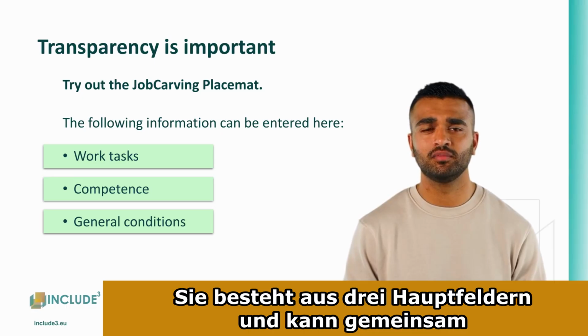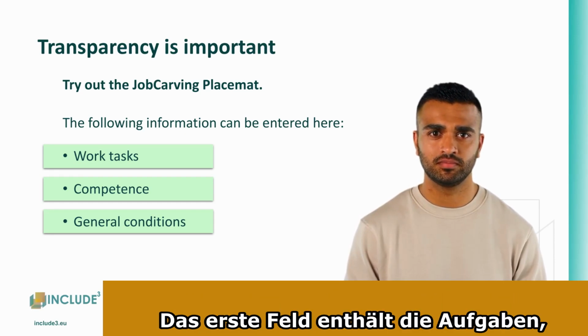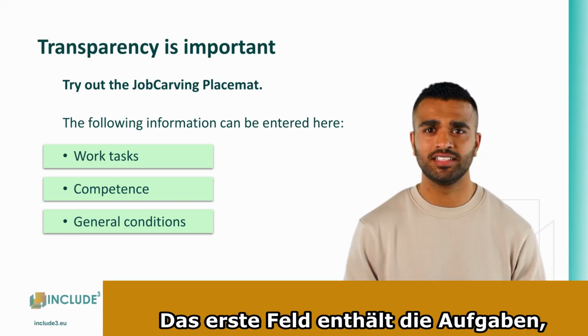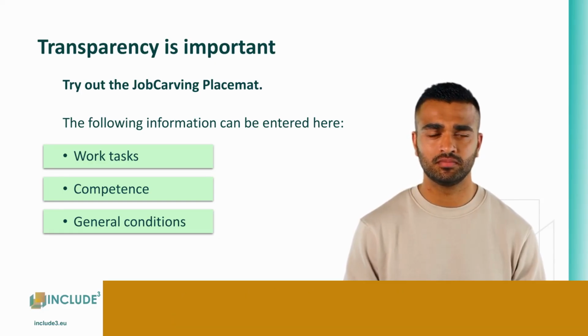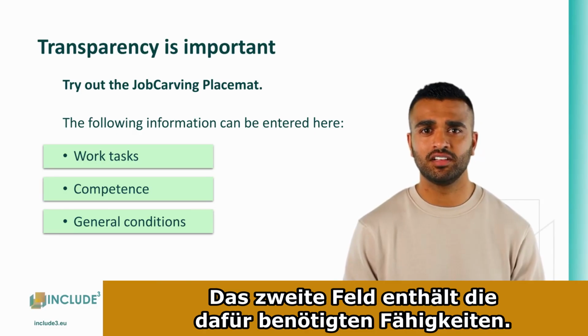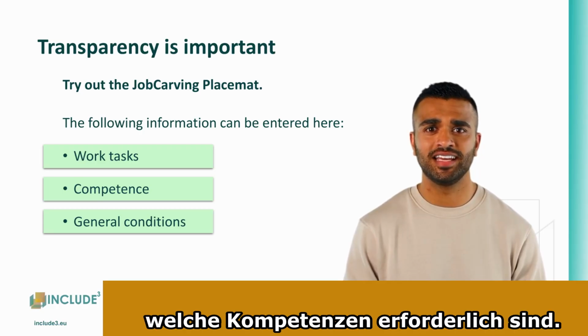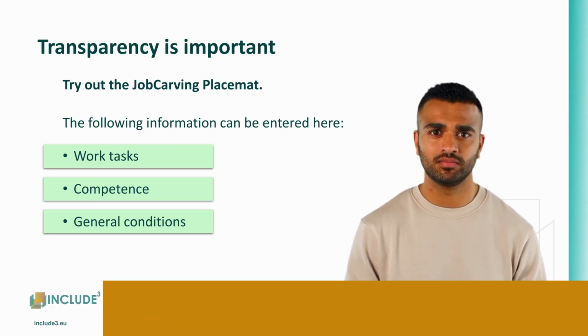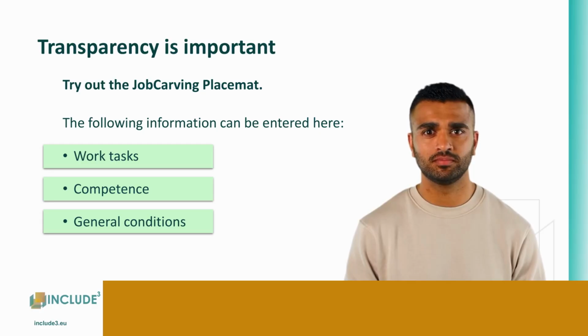It consists of 3 main fields and can be completed jointly by employers, consultants, and potential employees. The first field contains the tasks that the person with a disability can perform in the company. The second field contains the skills that are required for this. This allows the employer to clarify exactly what skills are required. The third field contains the general conditions of the job.